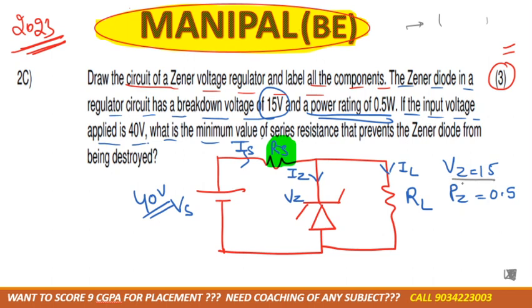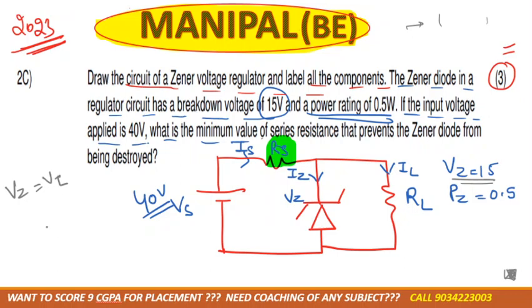इसमें हमारे पास they have given V_Z, so consider V_Z is equal to V_L, right? So after that you should know the formula of R_S, right? R_S का formula. So what is the formula for R_S, which I told you earlier also?